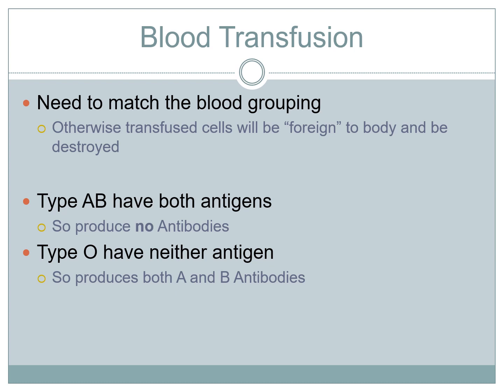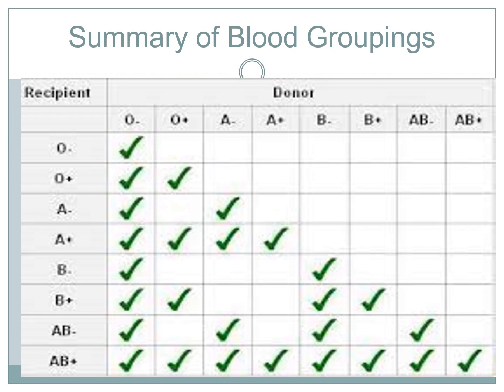So looking at the table of who can donate to whom, obviously we know that O group is what's known as the universal donor. But if we sit back and think about that for a second, I just told you that O has both antibodies, anti-A and anti-B. Meaning that if we look at it on face value, if we were to just put O blood into AB blood, or A or B blood, it would cause a problem.